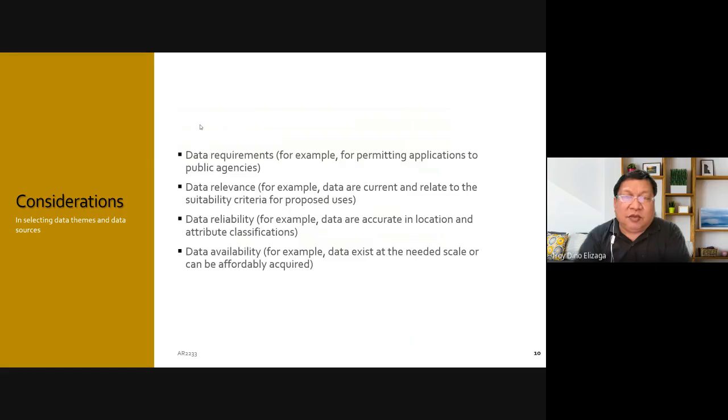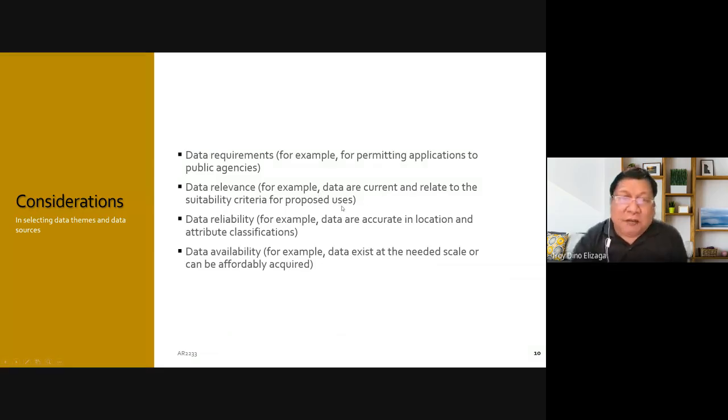The first is what are the requirements, what are needed for permitting applications to public agencies, and then the relevance of the data, whether it is old or new, because if it's an old data, it may not be relevant anymore. Things have changed. There's a new fad or there's a new trend, and it must relate to the suitability criteria for proposed uses.